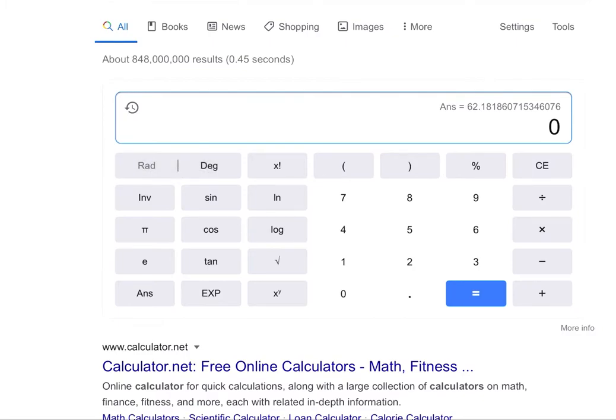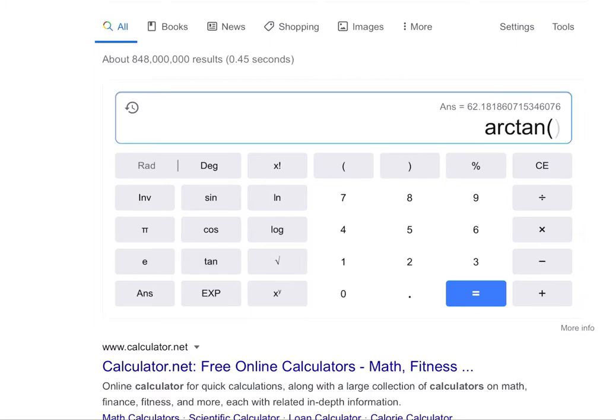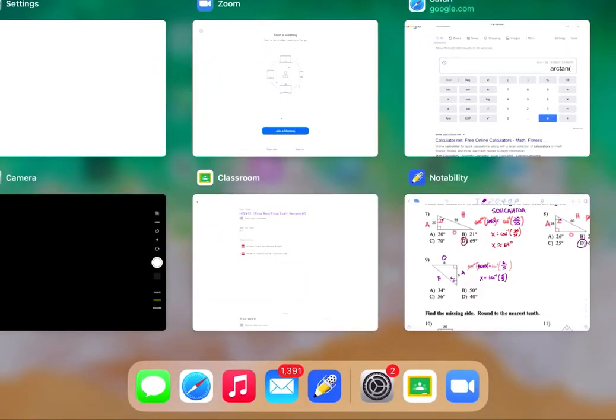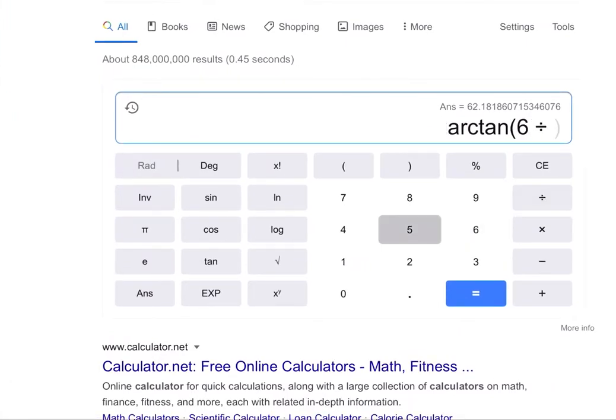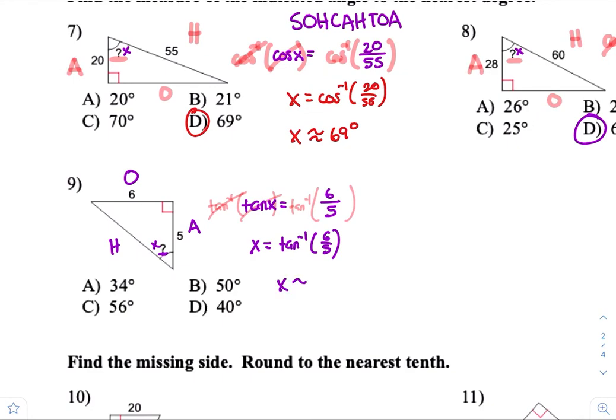It's highlighting degrees. You hit inverse, tan, and I kind of forgot what we had. It was 6 divided by 5 equals 50.19. Round it to the nearest degree, which is 50 degrees. And that is B.